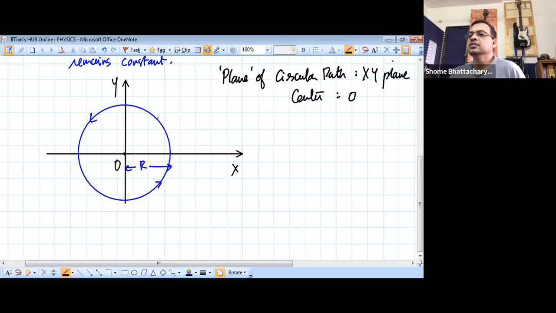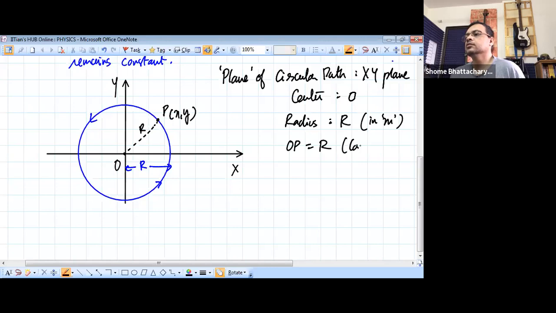So then you can say that any point P having coordinates x, y in the circle is such that its distance from the origin is fixed. If the radius of the circle is r, in meters for the SI unit, then the distance to P should remain constant.